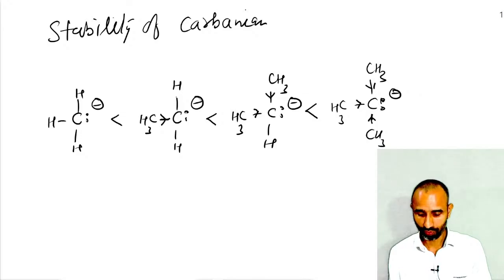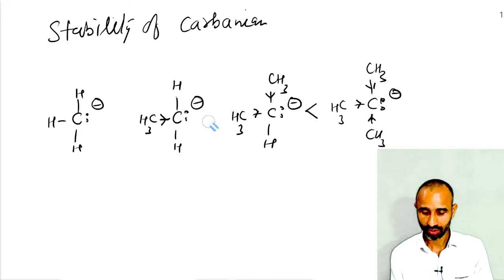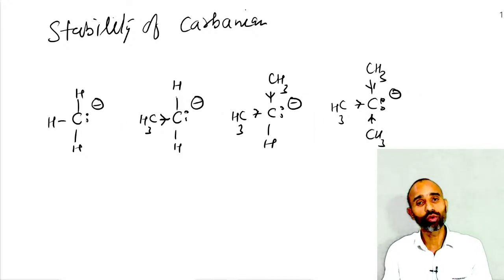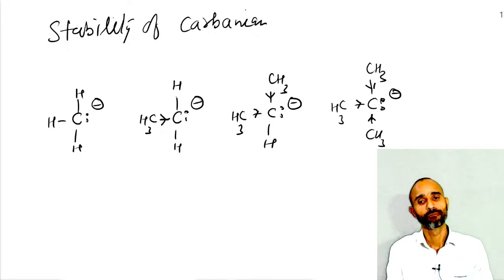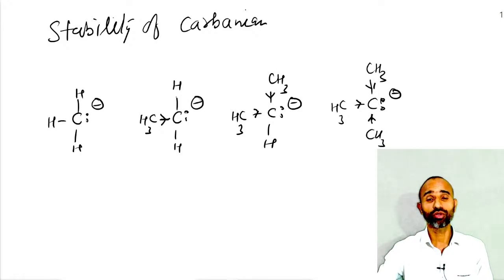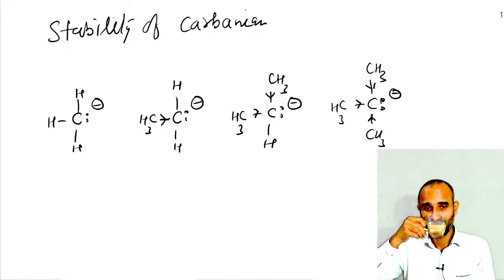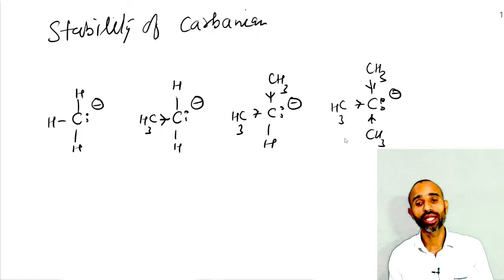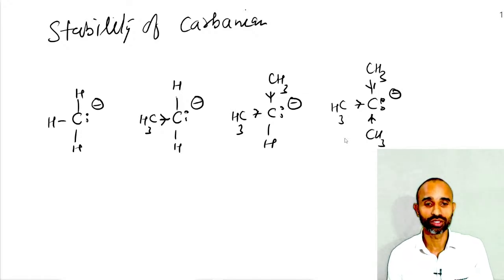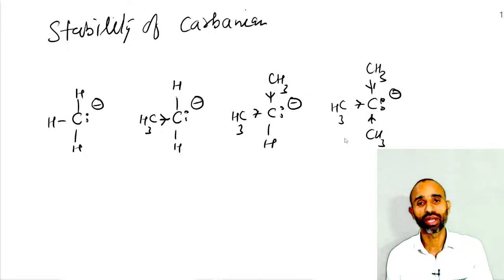So if you compare them, see these methyl groups, what do they do? They will increase the negative charge or decrease the negative charge? So methyl groups will increase the negative charge and therefore destabilize it.